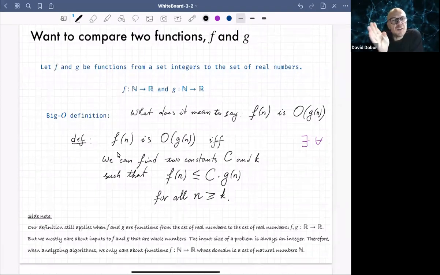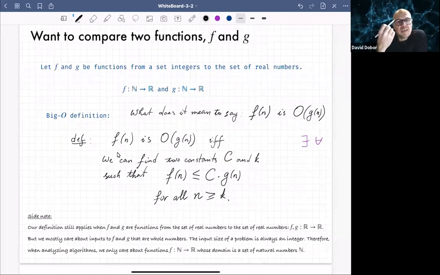Now, I could have defined this completely differently. I could have used limits, for example, and it takes a minute or two to just give the definition. But let's just stick with the definition that we have right now on the screen. Every time we see an example, and we'll start with an example in a second, we'll use this definition.